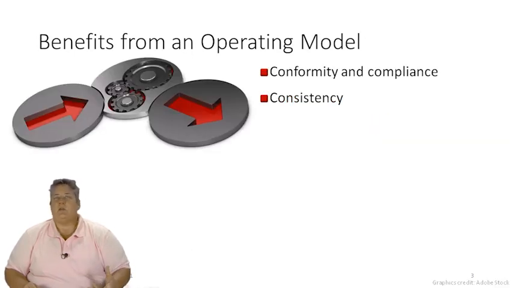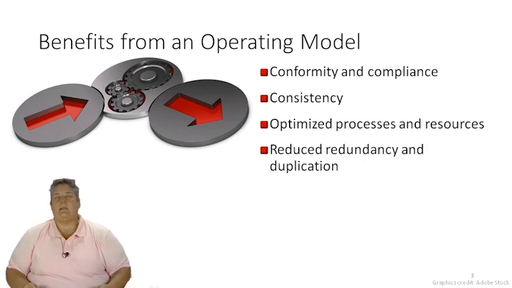Now, the benefits from using an operating model, well, obviously the easy one is conformity and compliance, that we're all doing the same thing within the same guidelines. We deliver a consistent product or service. Our processes are optimized, and we also use our resources appropriately. We reduce the redundancy and duplication within our practices.